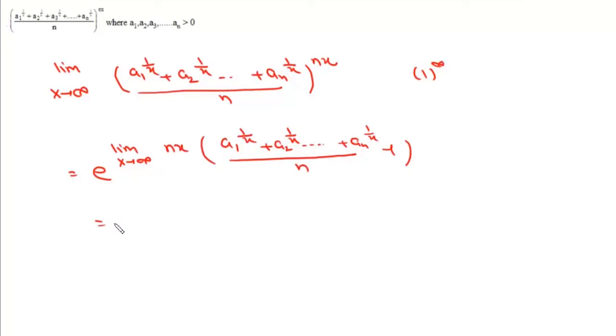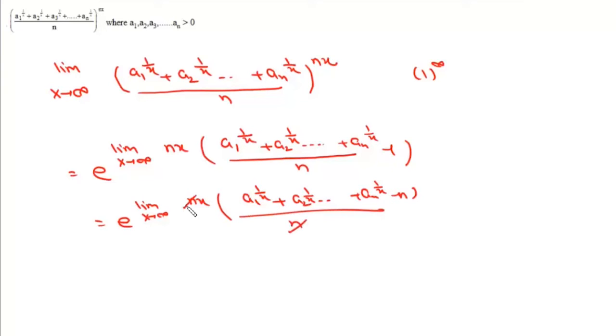Now we take this LCM, then we can write e to the power limit x tends to infinity nx, and here it will be (a1 to the power 1/x plus a2 to the power 1/x plus an to the power 1/x minus n) upon n. Now this n and n will cancel. Now we'll write this n as minus 1 minus 1 minus 1 n times, and we'll write this x as 1 by x.